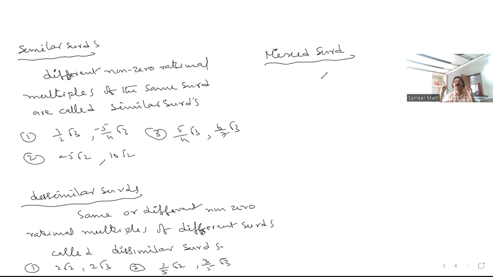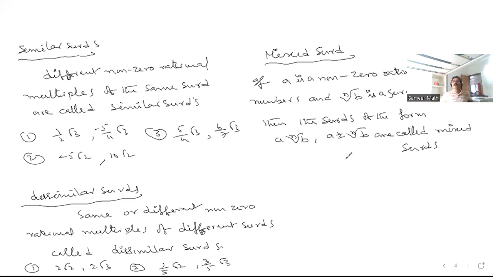Then the surd of the form nth root of A, and root B is a surd. A is a rational number, root B is a surd. Then A into root B, or A plus or minus root B. Any surds which are in this form, you can call mixed surd.